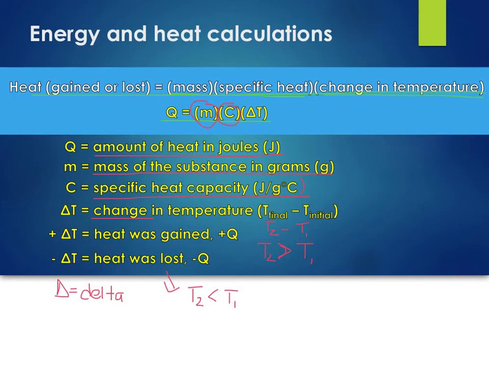Whenever it's positive, that tells us heat was gained. The value of Q will also be positive. If delta T is negative, that means heat was lost, and Q will also have a negative value. So we're going to go on to look at some examples of when we use this equation to calculate thermal energy lost or heat gained or lost.